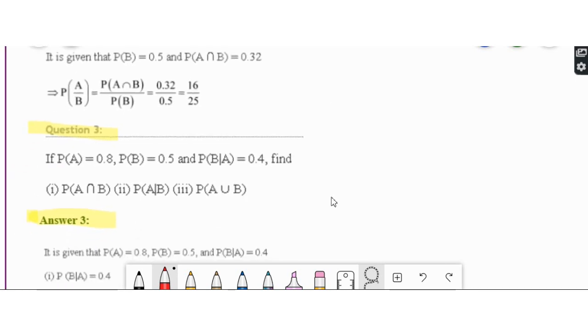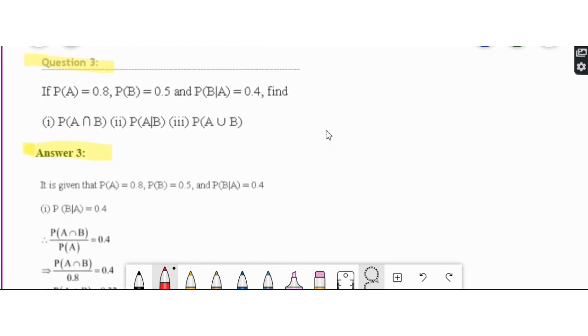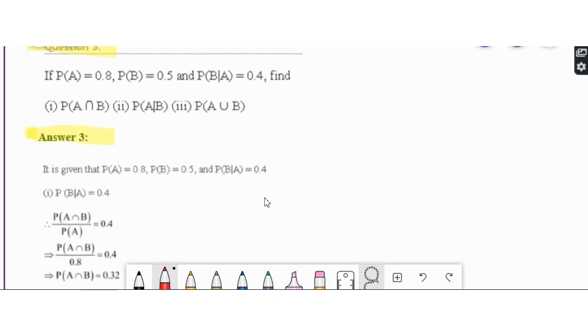Now question number 3. Once again, the same type of question is there. P of A is given, P of B is given. But this time P of B by A is available and we have to find out the intersection. So once again I will use the same formula.